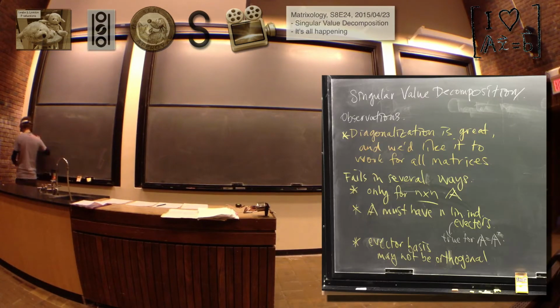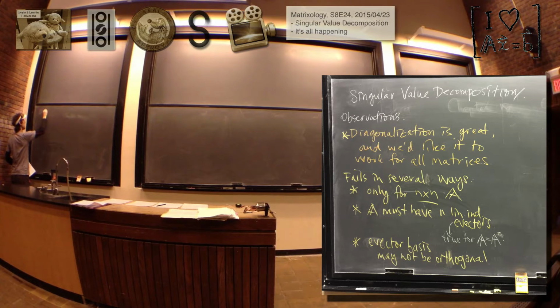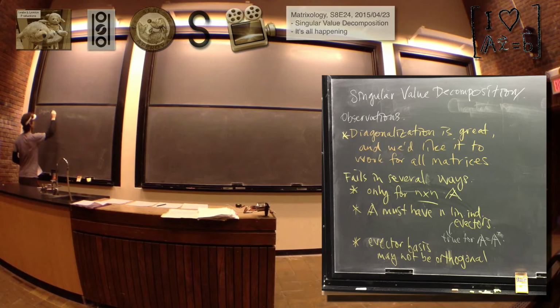So, singular value decomposition. Just awful branding, right? This just says do not touch. Nothing is fun about this, but it is awesome. And this is what we're going to do.